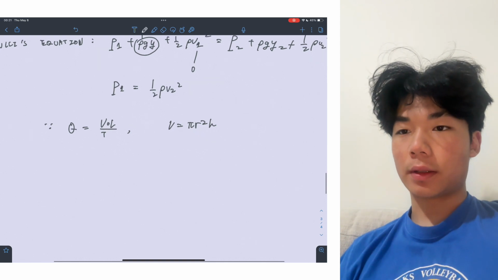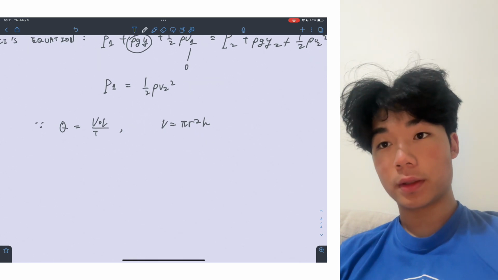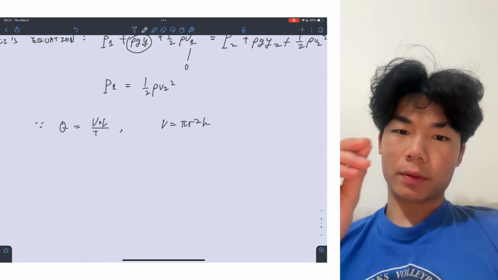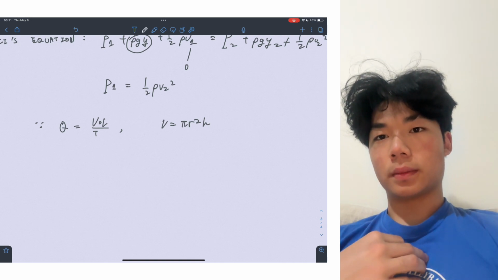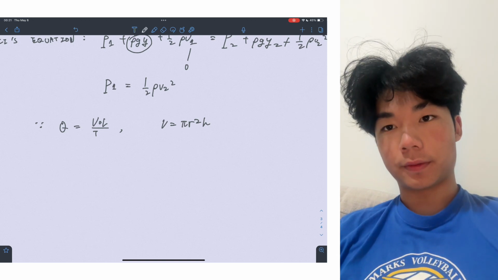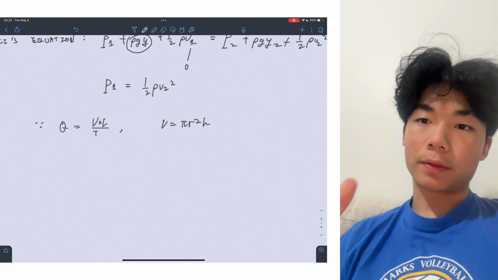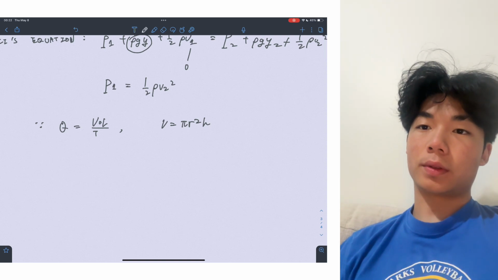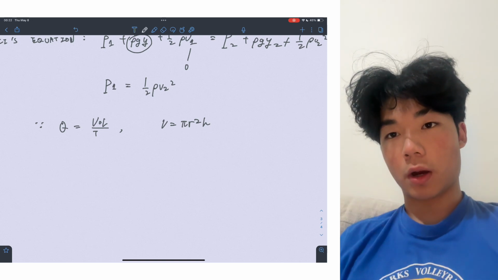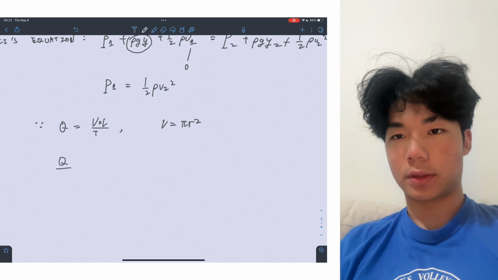I want to find a relationship between the flow rate and Bernoulli's equation, because flow rate gives you the velocity. To get pressure, I need to find the velocity, so I need to set up a relationship between them. The flow rate equals volume over time. Basically, it's how much water flowed through in that certain time.